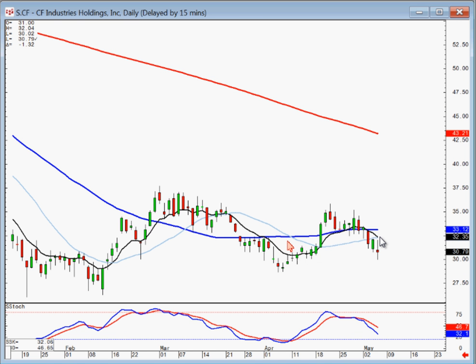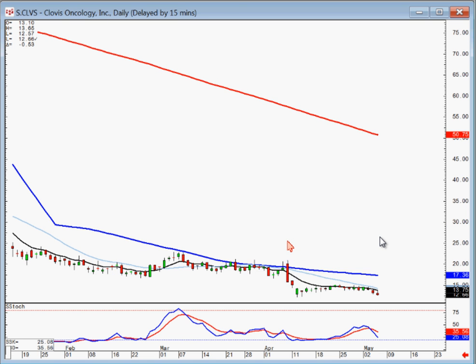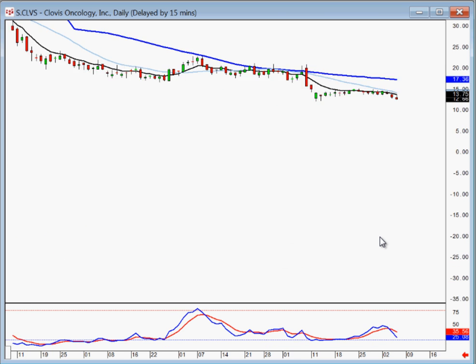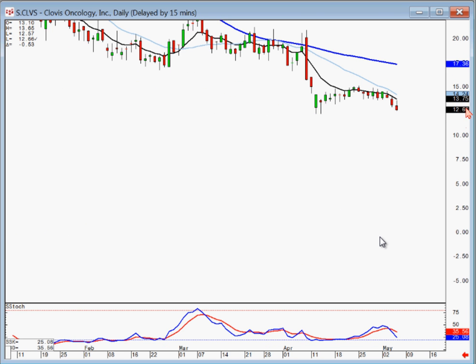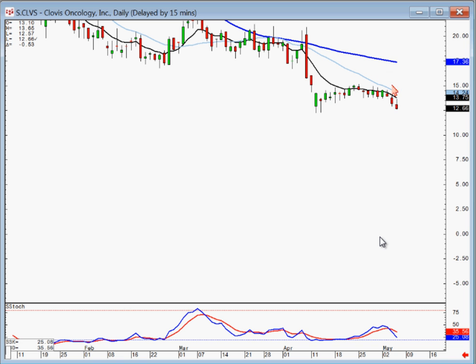CF, if this opens lower tomorrow, you've got a bearish flutter kicker to the downside. Stay short. And CLVS, to make this bigger, another little dumpling top. Get ready to short this one on weakness tomorrow.